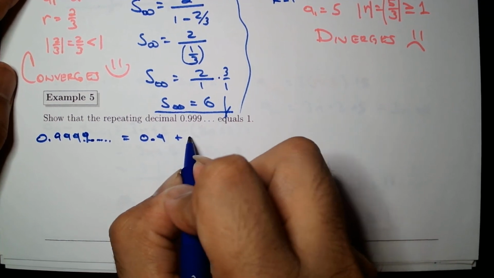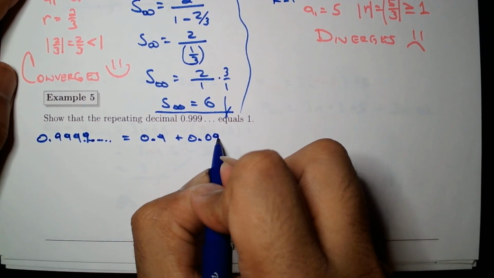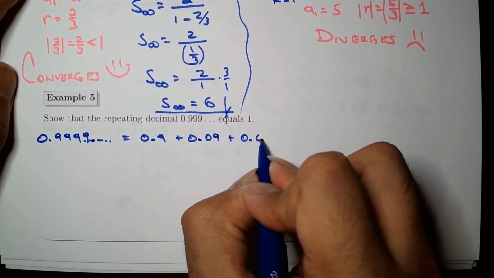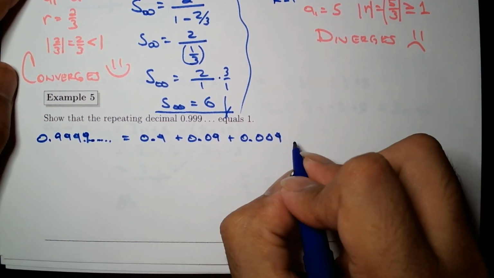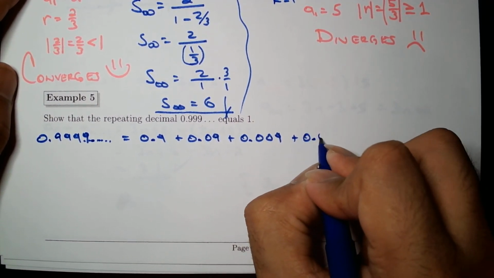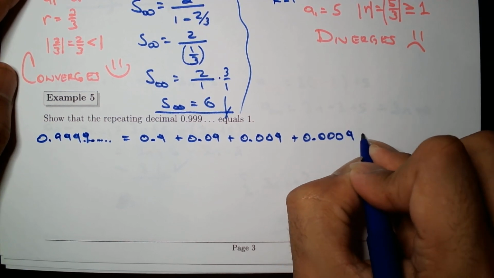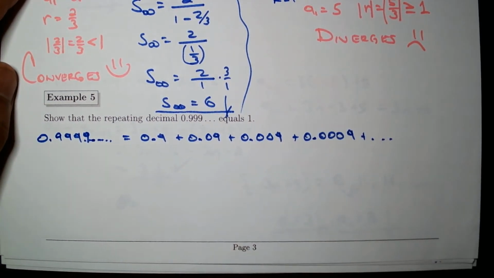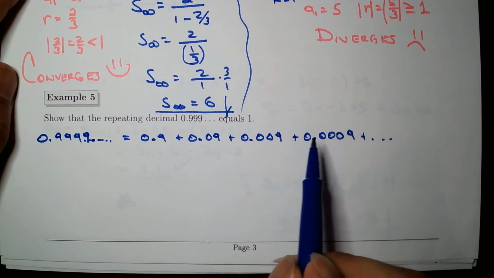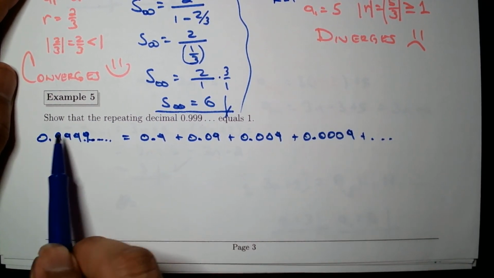0.9 plus 0.09 plus 0.009 plus 0.0009 plus ... that's going to go on forever. If we combine these numbers, we should get this decimal.